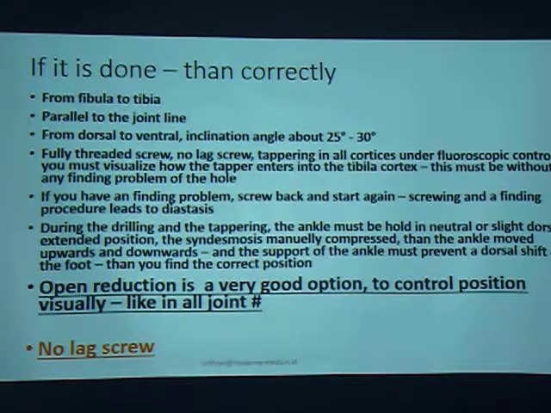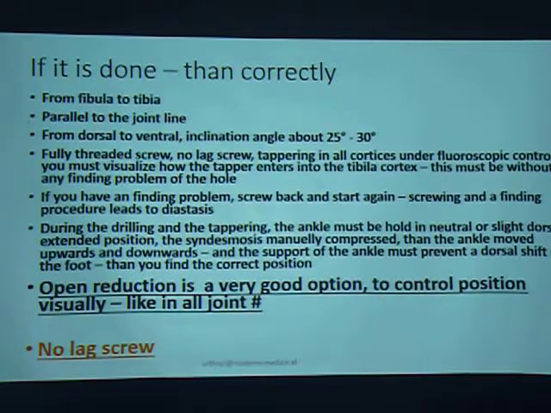But you must tap all cortices under fluoroscopic control. Because if you come to the fibula and miss the tibia when you tap it in, then you go into diastasis. You must really check under fluoroscopic control that you reach the tibia.